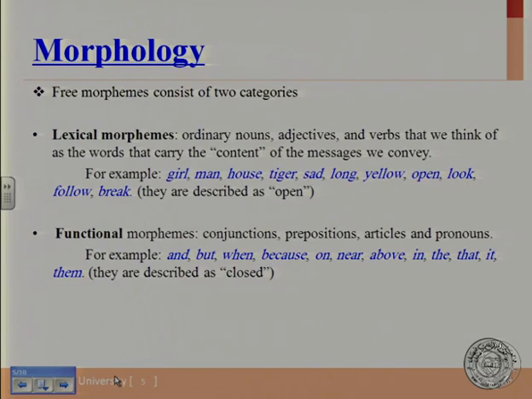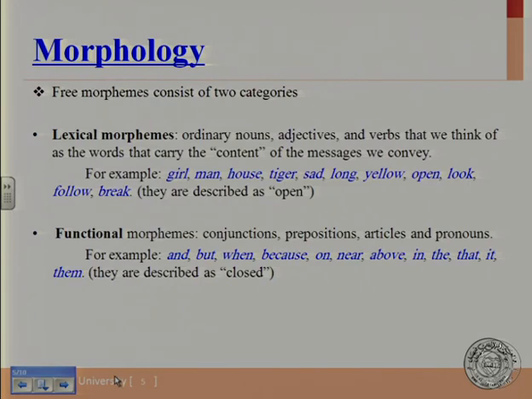For example, the word girl is a free lexical morpheme. A word like man, again a free lexical morpheme. House, lexical morpheme, it's free. Tiger, again a free lexical morpheme.